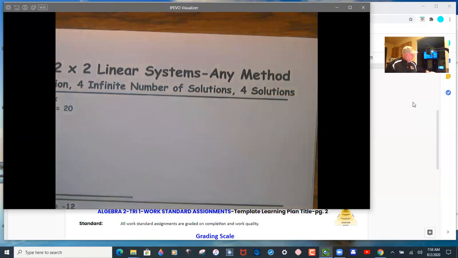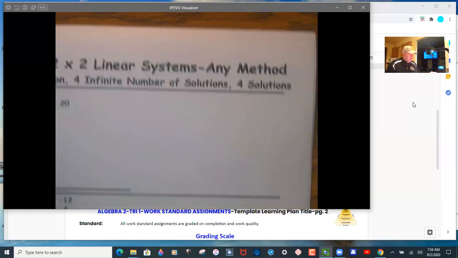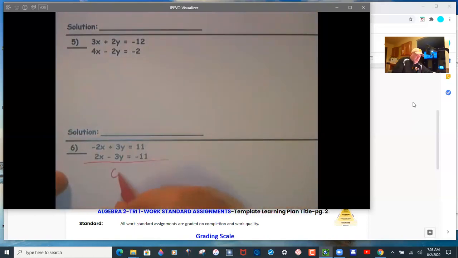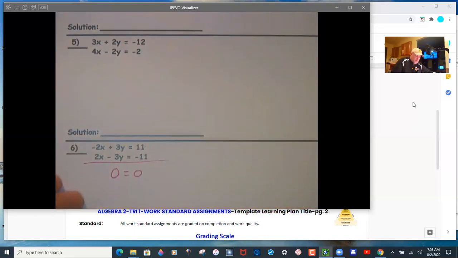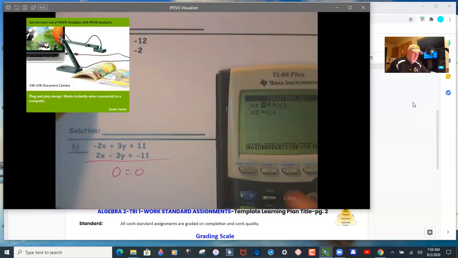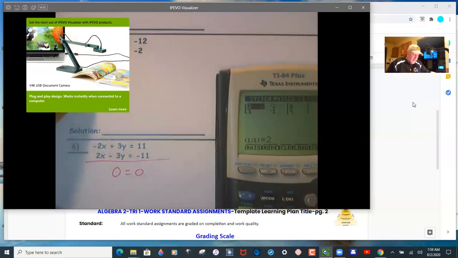And then the last one here on this half, number 6. So you don't have to do anything but add. You get 0 equals 0, so this is an infinite number of solutions. Again, how can we represent that? And actually, there's work that you can do with this too, but I don't want to get into it and throw too much at you.